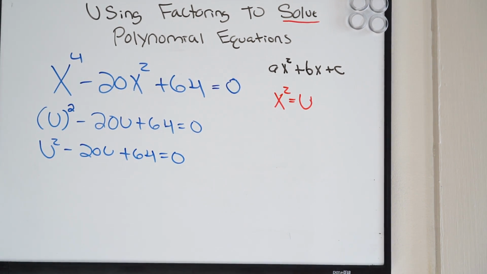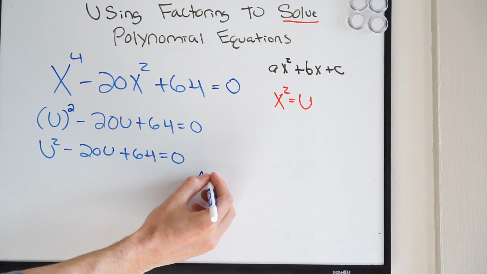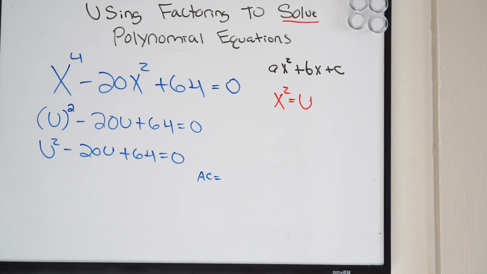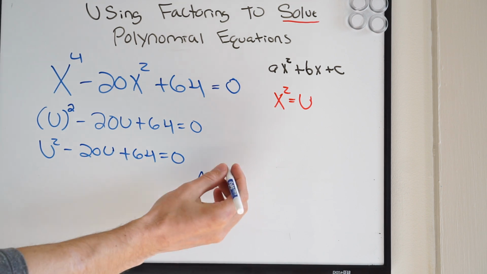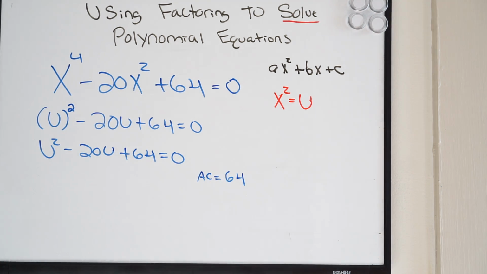Well, if you see it now, this is a quadratic. We just manipulated this into a quadratic. So let's use the AC method now to factor this. Using the AC method here, we do 1 times 64, which is just going to be 64.